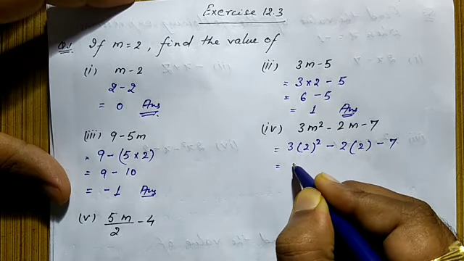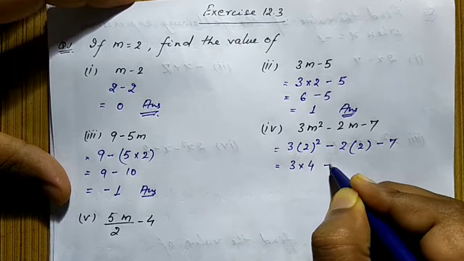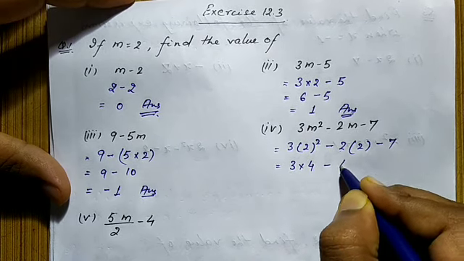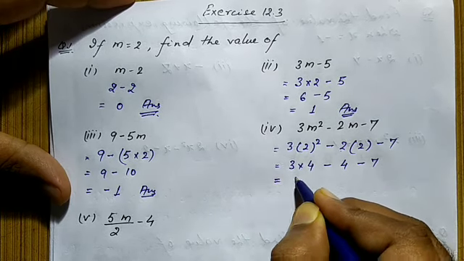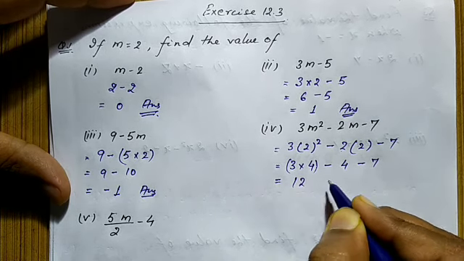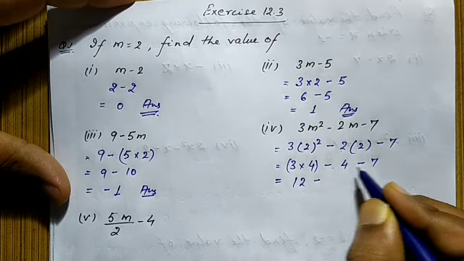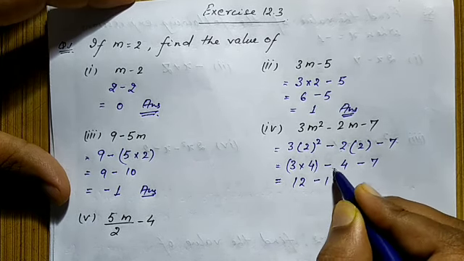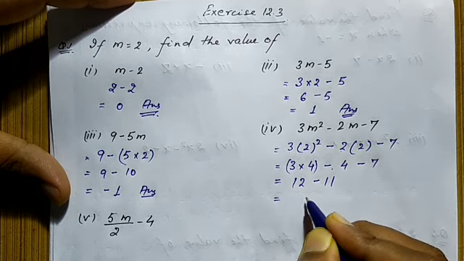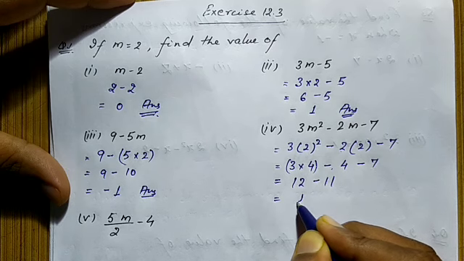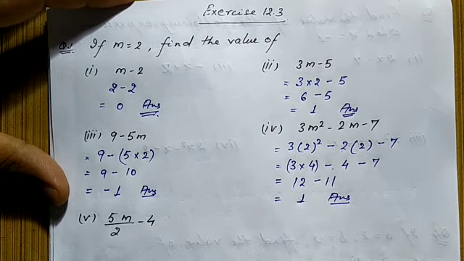Okay, and this is 3 into 2 square, 2 square is 4, 4 times 3 is 12, minus 2 into 2, that is minus 4, and minus 7, that will become minus 11. 12 minus 11, that is 1. Okay, so the answer is 1.